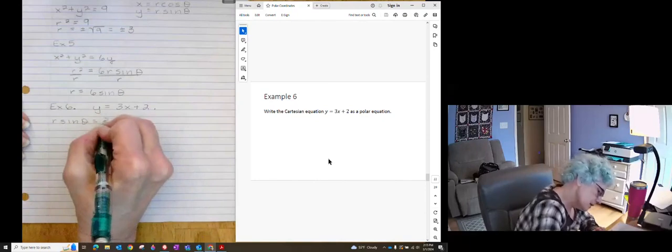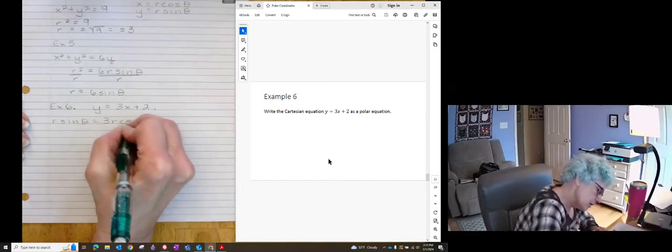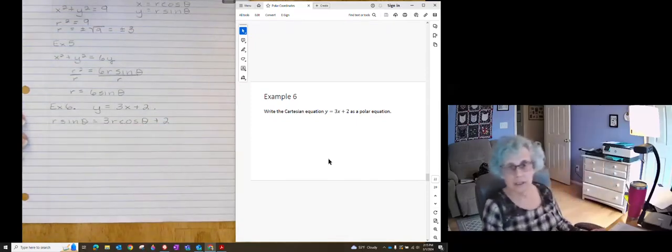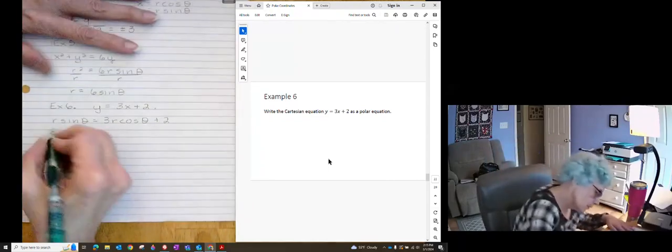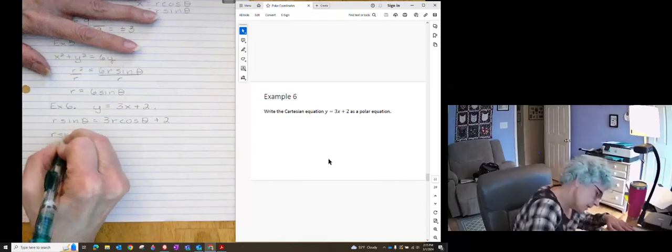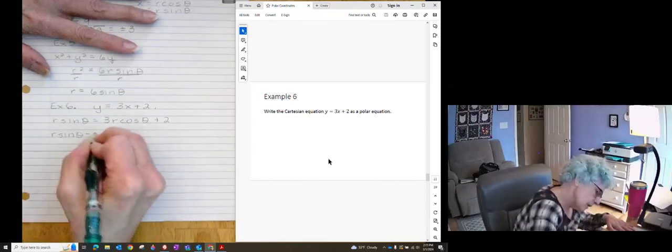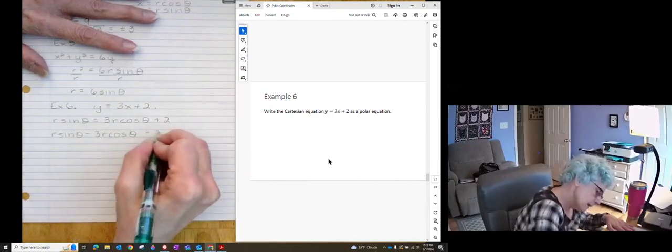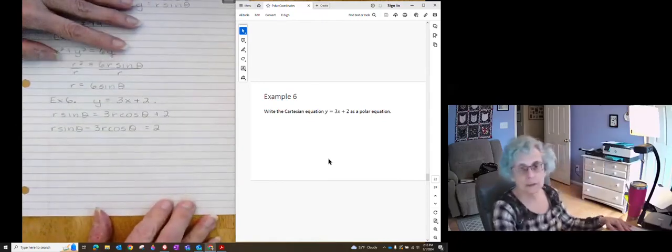X is 3r cosine theta plus 2. Get all your r stuffs on one side of the equal mark. So r sine theta minus 3r cosine theta is equal to 2.